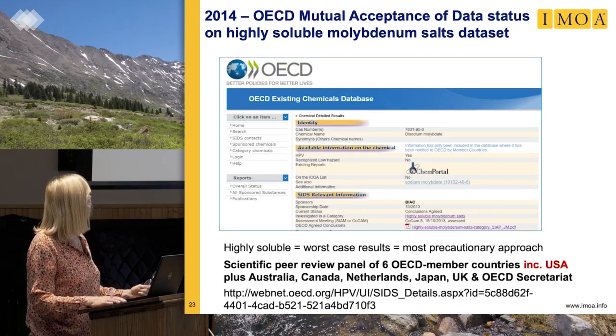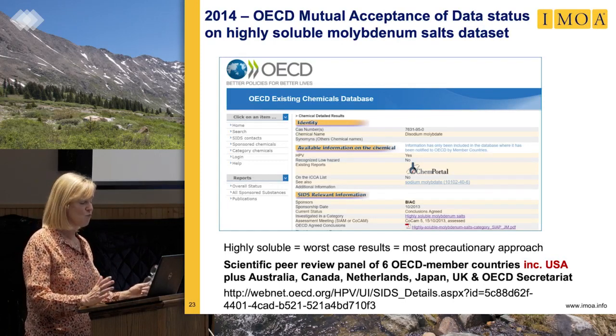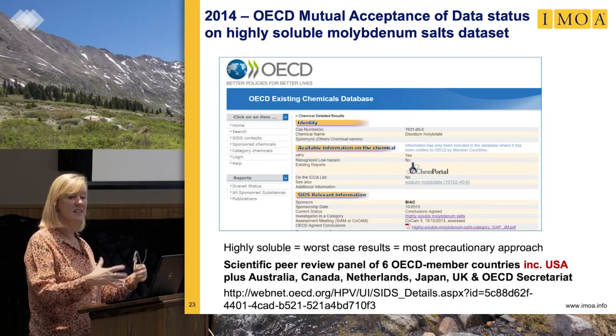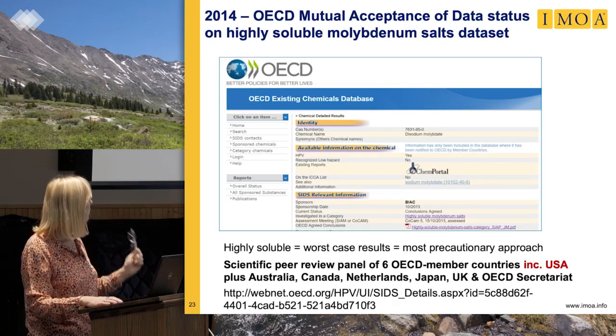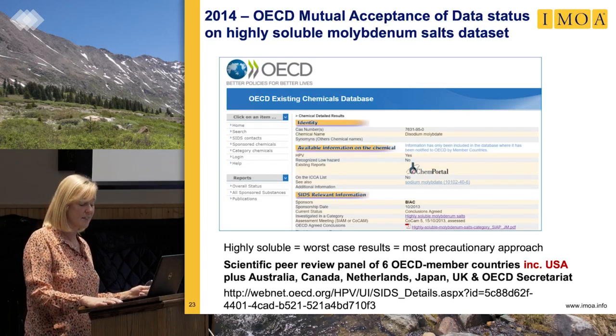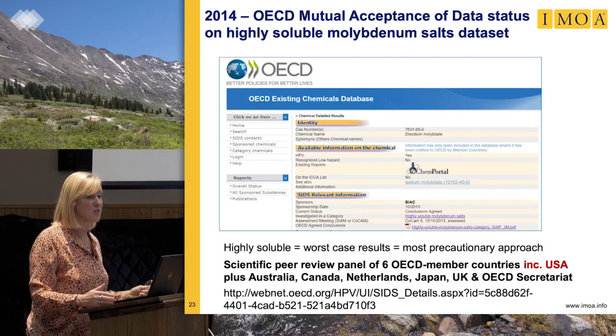And in our case, when we presented our data, the OECD countries that fielded scientists to review it included the USA, and also Australia, Canada, Netherlands, the UK, and the OECD Secretariat. So you can be reassured that it was crawled over.